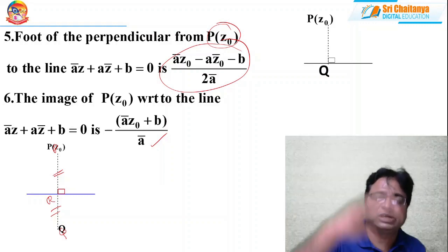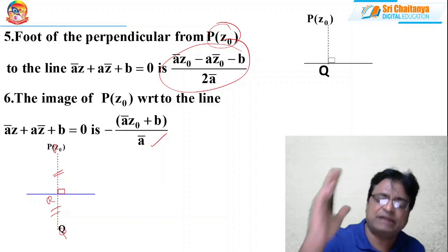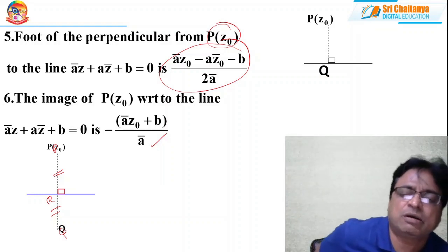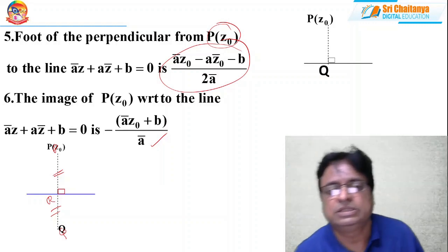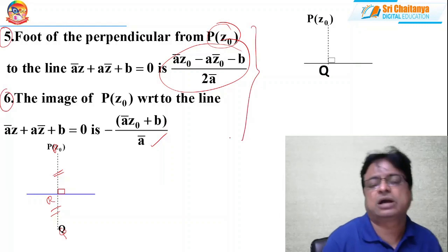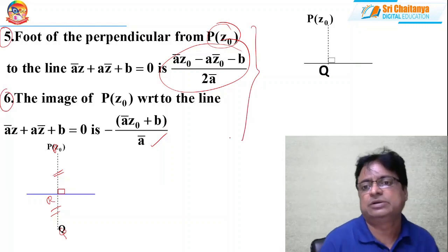You will get the original results that we have already derived in coordinate geometry. The same things hold good in complex numbers. So foot of the perpendicular as well as image are also very, very important concepts in complex numbers. One should practice this formula thoroughly.